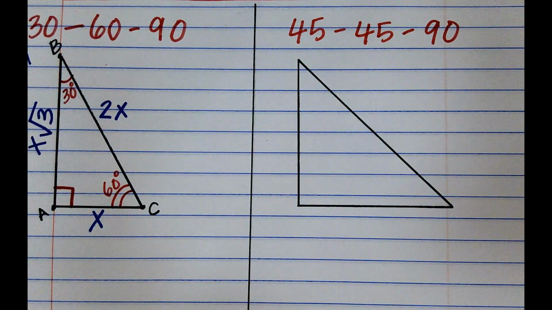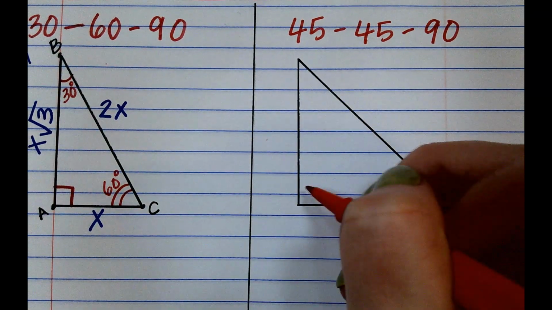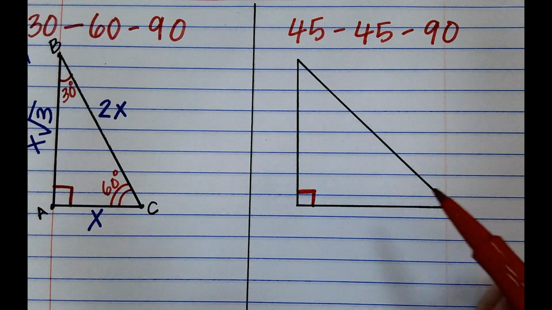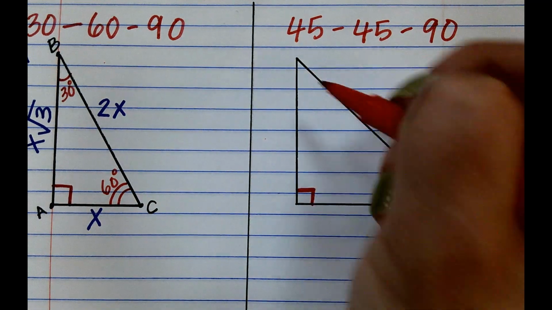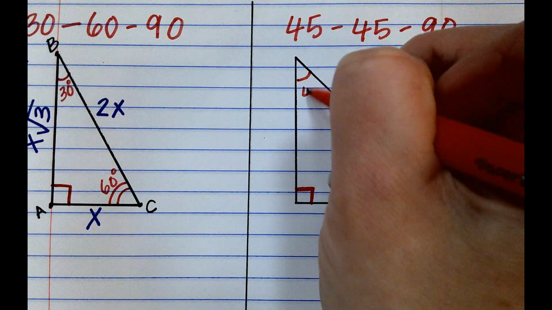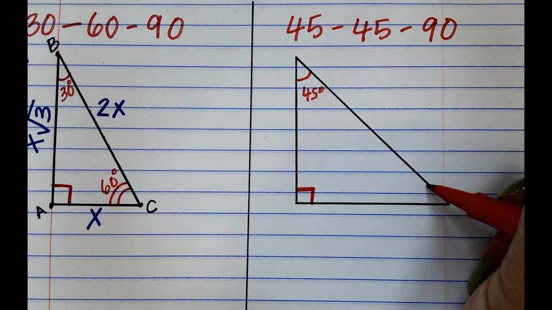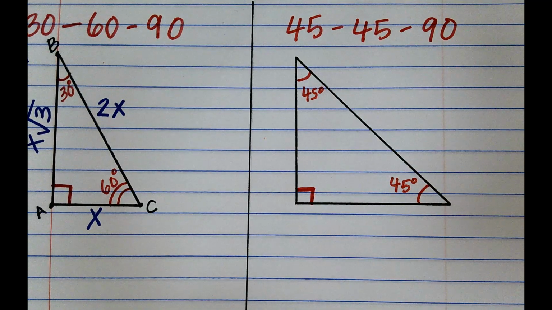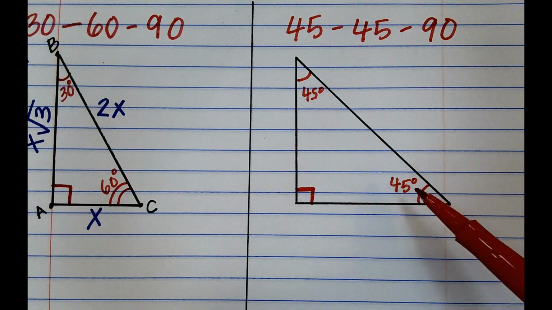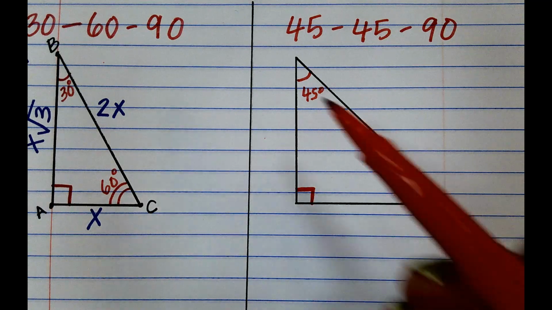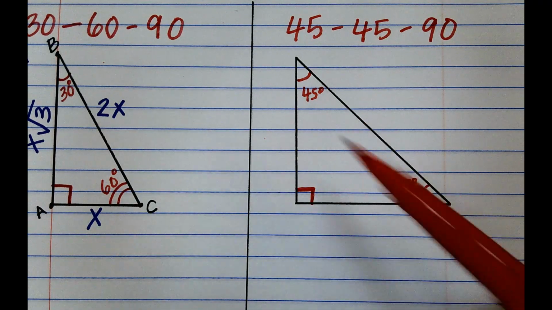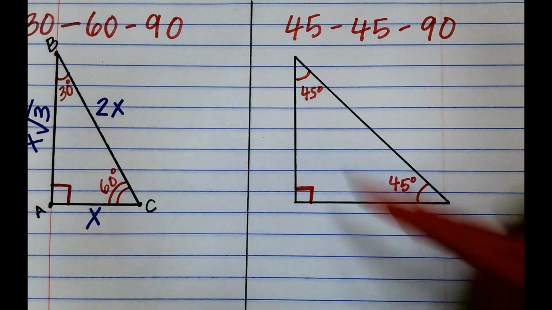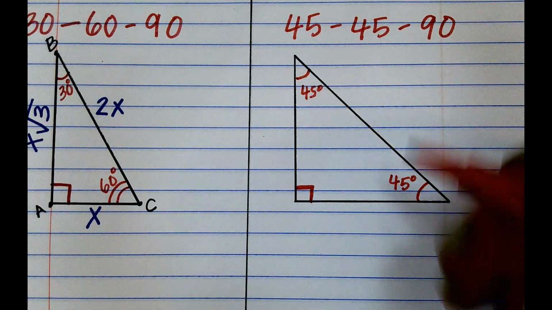Okay. So we'll start by labeling our angles. We know this is our 90-degree angle. And the other two are equal. They're both 45 degrees. Now, since these are both 45-degree angles, they're equal to each other. The opposite sides of those 45-degree angles will also be equal.